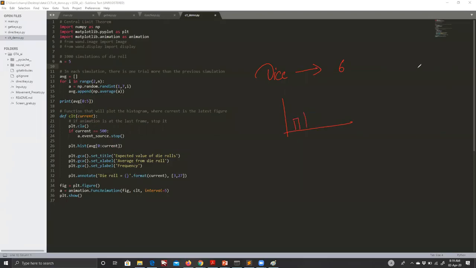I will roll the dice again and again and again, where there are different faces. Whatever comes out on top, I keep adding to a list. Let's say right now one came, in the next experiment maybe 5 comes on top, and so on. And we will take an average of them, dividing by the length of the array. Then we will plot them again so that it normalizes.